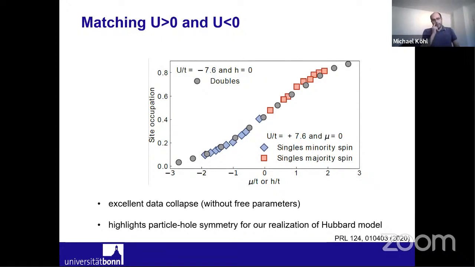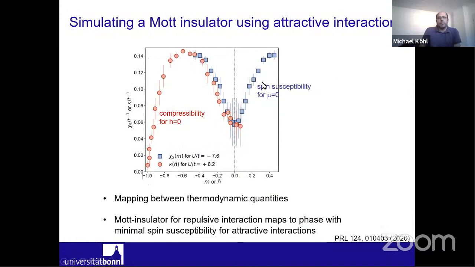And we can take this actually further. We can now go on and compute thermodynamic quantities and find out whether this mapping actually works also for thermodynamic quantities, which it should. For example, we can measure the compressibility. I showed you in the introduction that compressibility is basically the slope of the density versus the external confining potential.